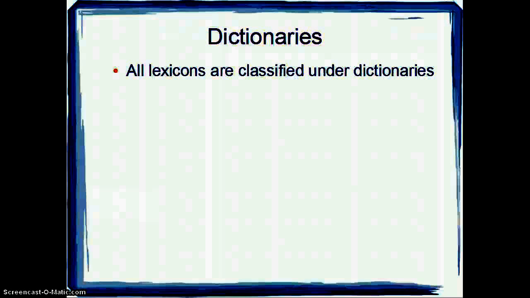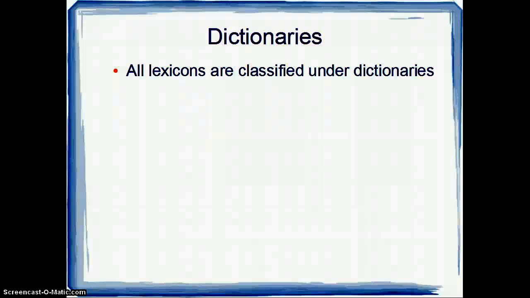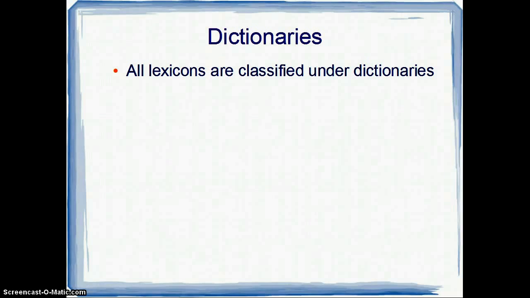Now, I'll move on to dictionaries very quickly. Anytime you want a lexicon, you have to remember that all lexicons are classified under dictionaries. So if you're looking for a specific lexicon, always look under dictionaries. With that said, I recommend a few good Bible dictionaries, which would be Easton. Some of these you've probably already heard of. I recommend Hitchcock's Bible Names.